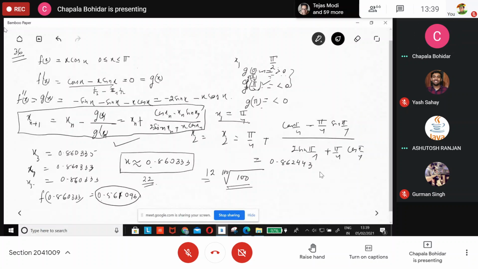Yes, the 100th root of 100. We already did one problem, the 6th root of 2. The 6th root of 2 is already done, or not? It is the 100th root of 100.